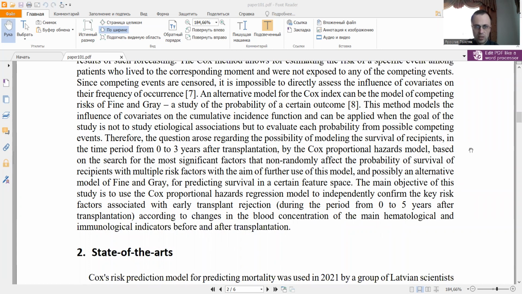Therefore, the question is the possible model of recipient survival over a period of 3 years after transplantation by the Cox Proportional-Hazards Model, based on such significant factors, and an alternative model predicting survival at a certain failure space.